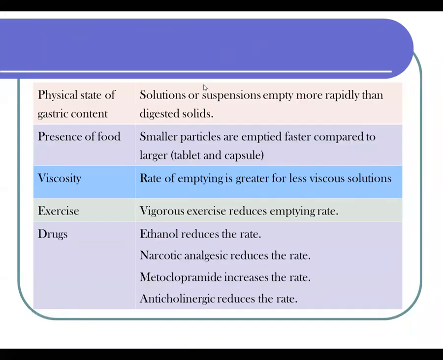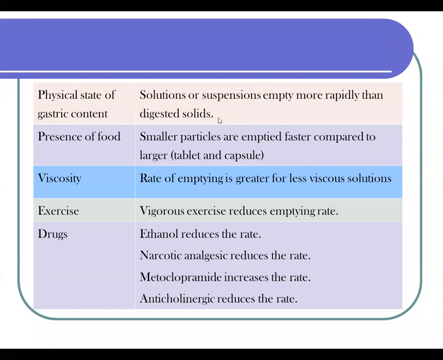Physical state of the gastric content. The same thing, the volume I said, the wall. All these are interrelated. Solutions or suspensions empty more rapidly than the digested solids. So compared to a normal liquid state or suspension state, the digested solid contents empty more slowly.